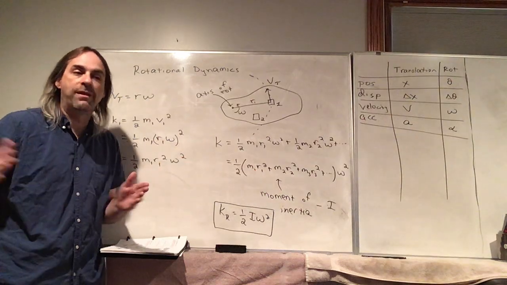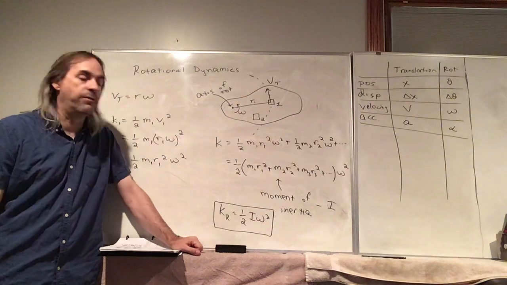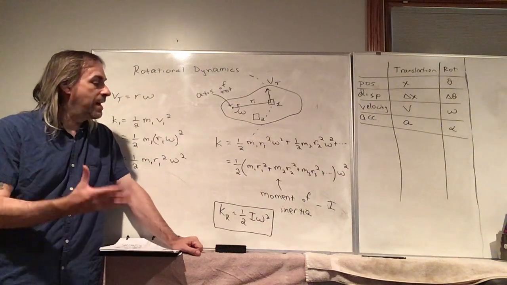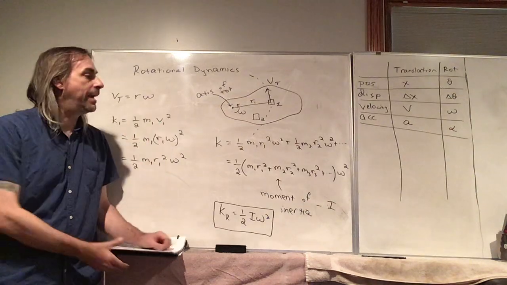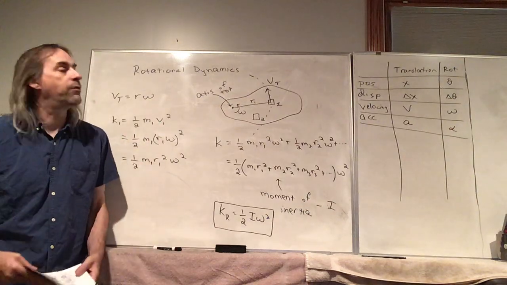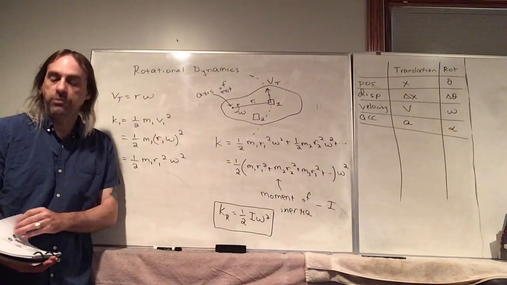The farther away the mass is, the more it contributes to the moment of inertia. So it'll have a greater moment of inertia if all the mass is in the shell, farther from the axis, than if it's spread uniformly throughout.